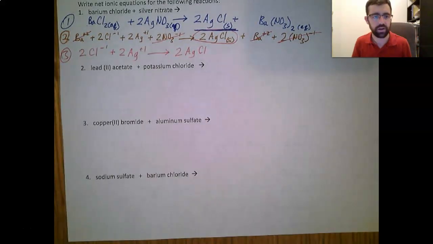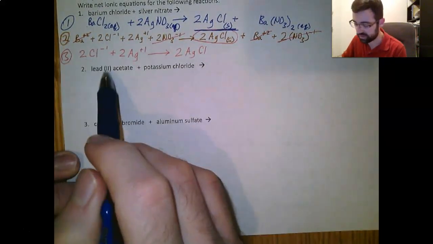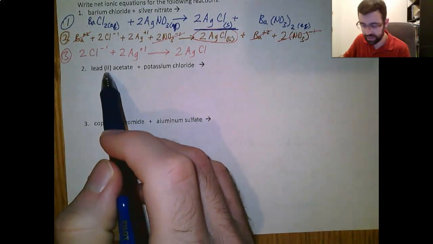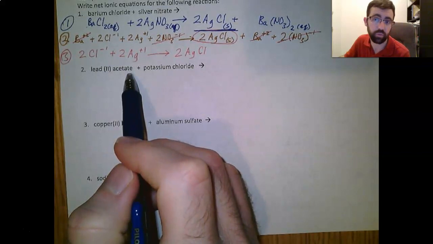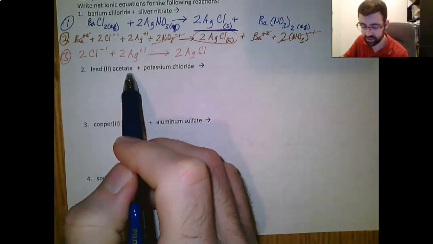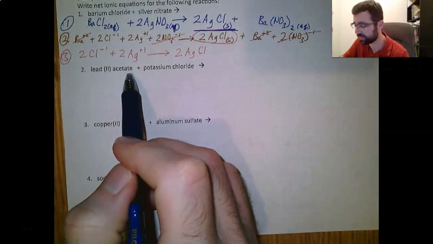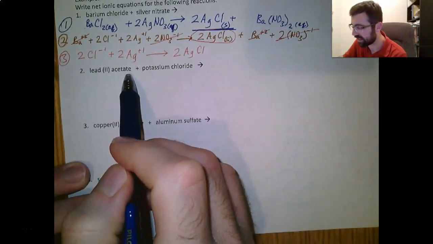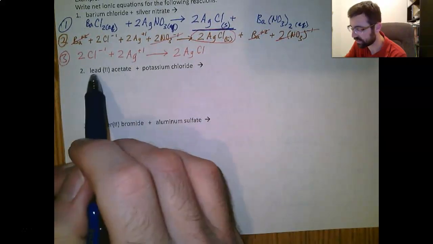Okay. All right. Let's look at number 2. Lead 2 acetate. Remember, 2 is the positive charge. Acetate is a polyatomic ion with a negative 1 charge. The ion is C2H3O2 with a negative 1 charge. So that tells me I'm going to need 2 of these because it has a negative 1 charge and this has a positive 2 charge.